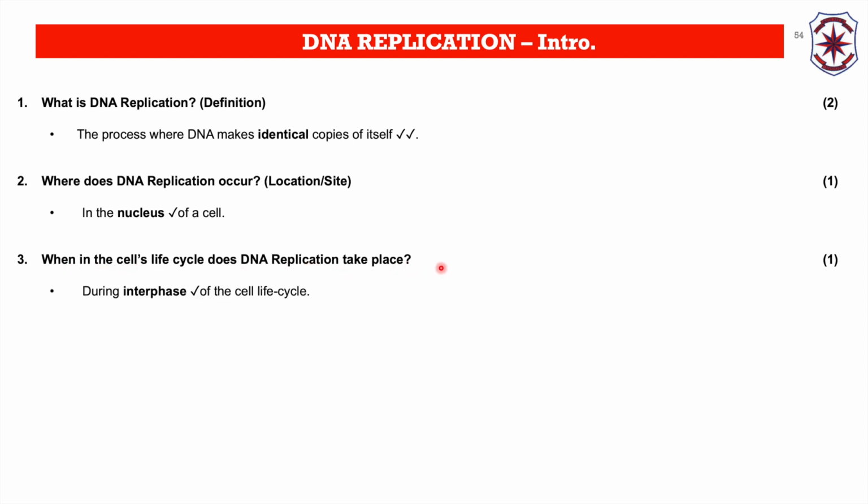And the answer to that is it takes place during interphase. So the word interphase refers to the phase or the period in time in which DNA replication takes place. Now, let us look into what interphase is.